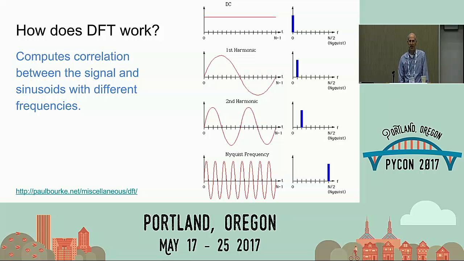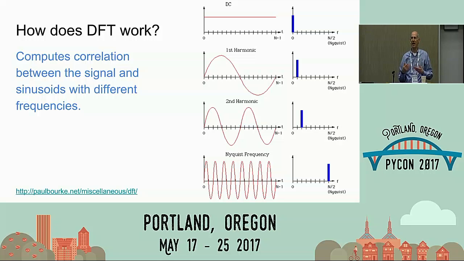I do want to say one thing about how the DFT works. I'm not going to explain this in a lot of detail, other than to say it's basically correlation. If you want to know how much your signal is like a given frequency, one way to do that is just compute a simple sinusoid that's at a particular frequency. So if I have my signal and I have a sine wave at 100 hertz, and I compute the correlation of those two things, it will tell me how much my signal is like a 100 hertz.